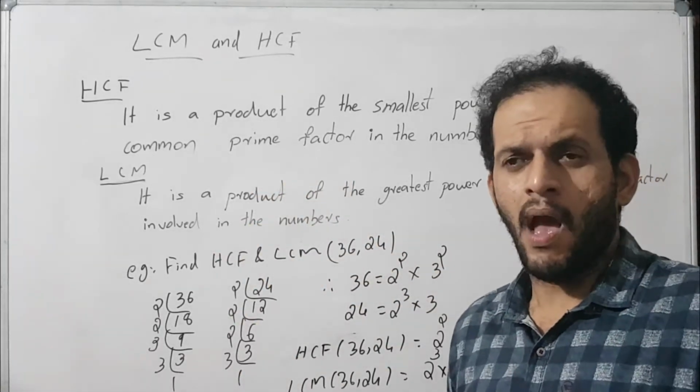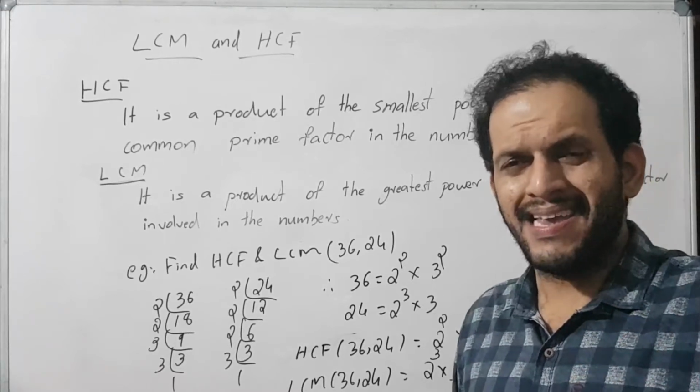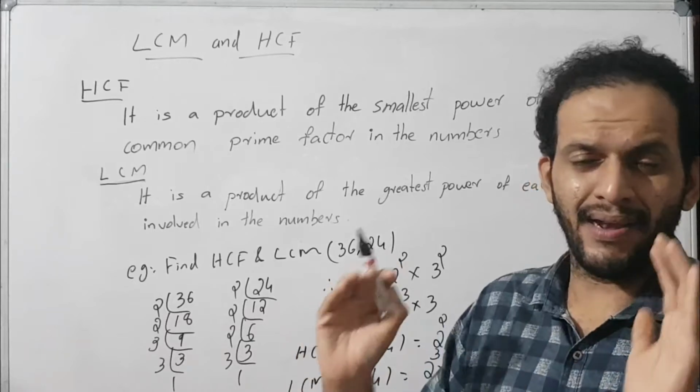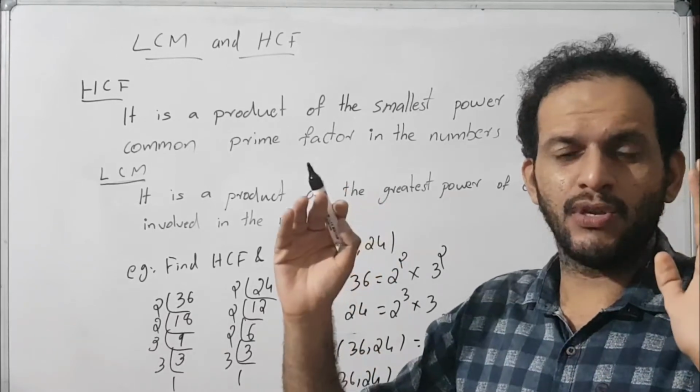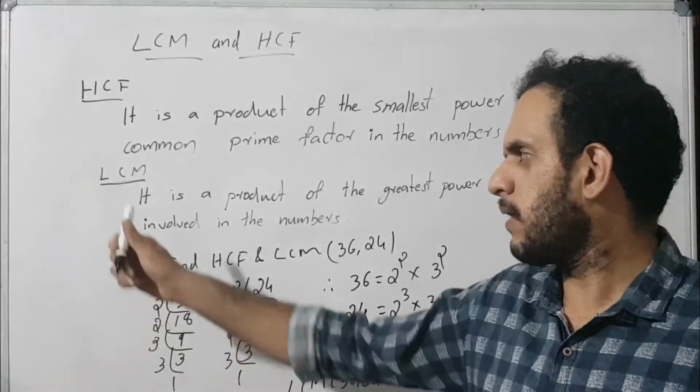എന്ന് പറഞ്ഞാൽ എന്താ? ആ നമ്പേഴ്സിന്റെ പ്രൈം ഫാക്ടറൈസേഷനിൽ വരുന്ന എല്ലാ നമ്പേഴ്സിന്റെയും കോമൺ അല്ല, എല്ലാ നമ്പേഴ്സിന്റെയും ഗ്രേറ്റസ്റ്റ് പവറിന്റെ പ്രൊഡക്റ്റിനെയാണ് എന്ത് വിളിക്കുന്നത്?